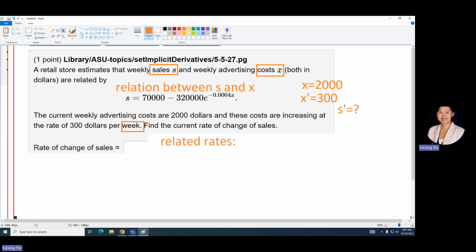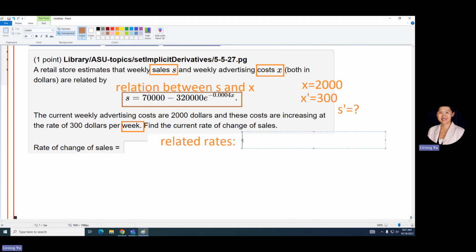So we will apply this equation. We find the derivative of the relation for the quantity. We differentiate the left side, which is S prime. Remember, I did not write dS/dt. Instead, I just write S prime because this is a lot shorter.